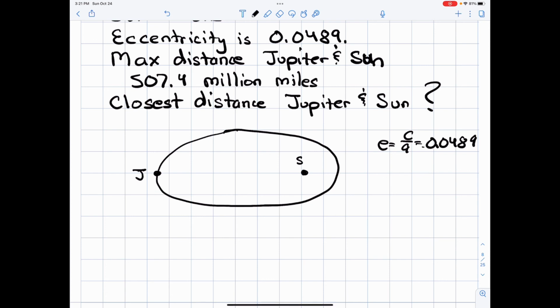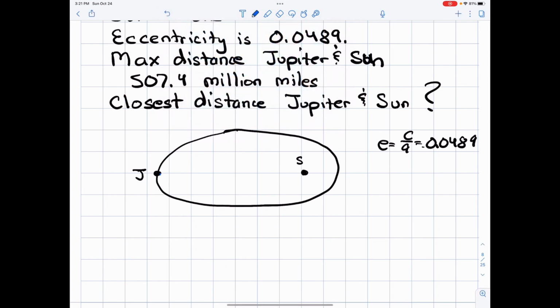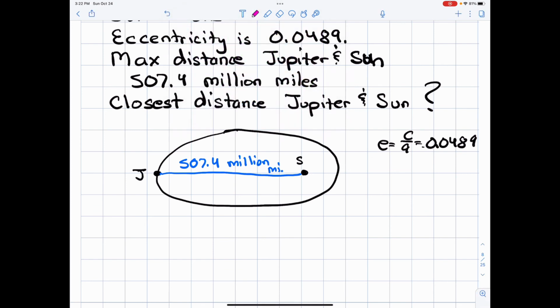We also know that the maximum distance between Jupiter and the Sun, so this distance here, is 507.4 million miles. And then we're wanting to find what's the closest distance. Like if Jupiter's over here, what is that distance?